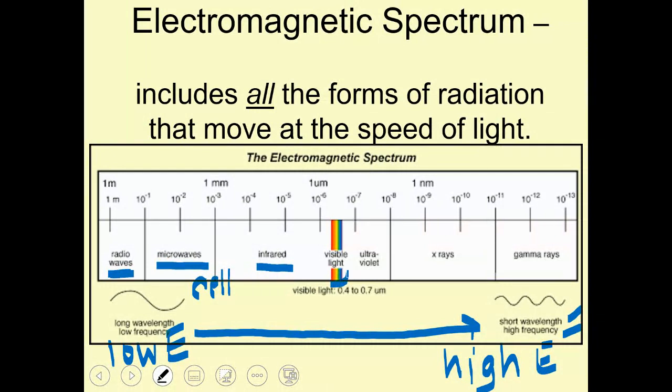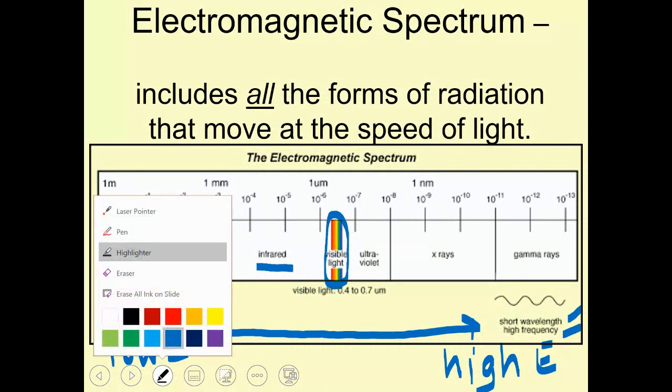Look at this tiny little section that we can see. Whenever we think of light, we think of what we can see. This is the little section that we can see, and we'll talk about that section separately. But you can see that the red end of that section has the longer wavelength. I don't know if you can see that.